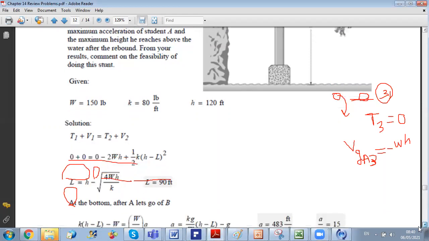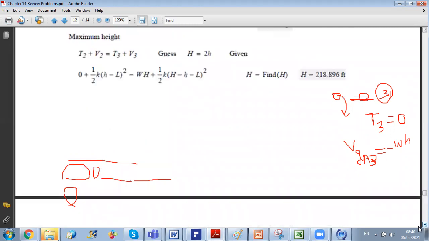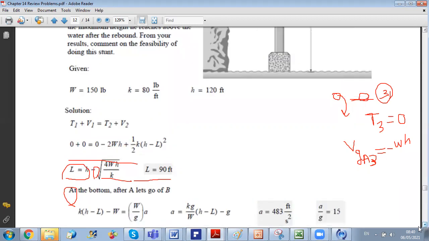Okay. Now, who will tell me, is what I am telling you right? Is T3 0? What do you think? Yes. Okay. So what will happen?